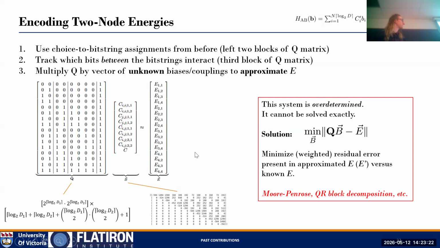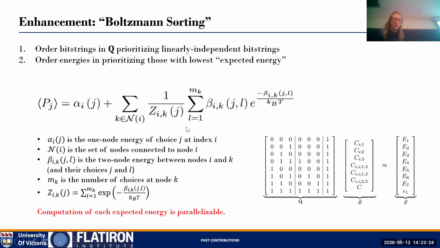QR block decomposition. An issue with this encoding is that the approximation error depends on the choice to bit string assignment. And I've shown that the optimal choice to bit string assignment is NP-hard by reduction to quadratic assignment.